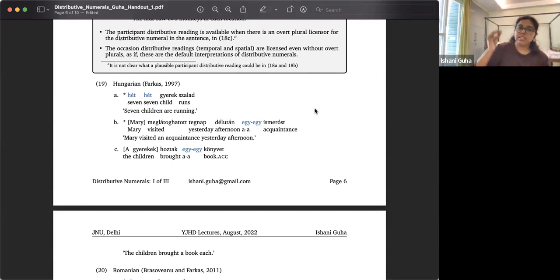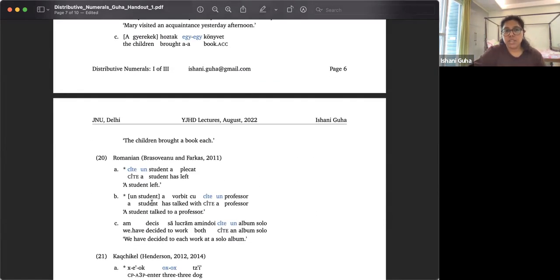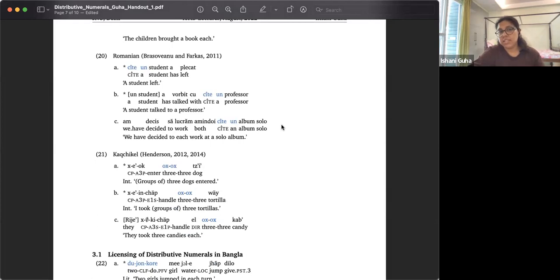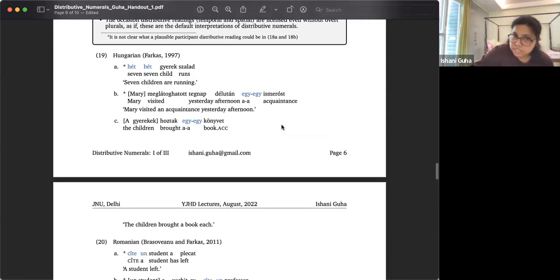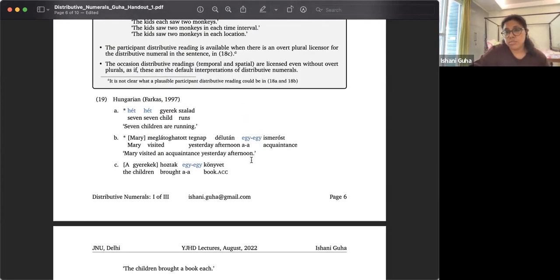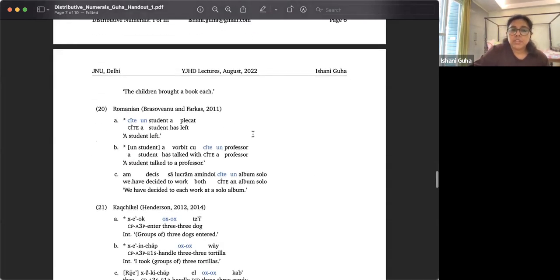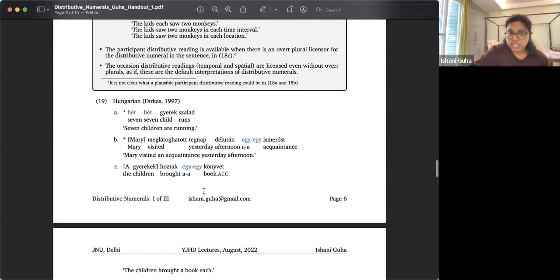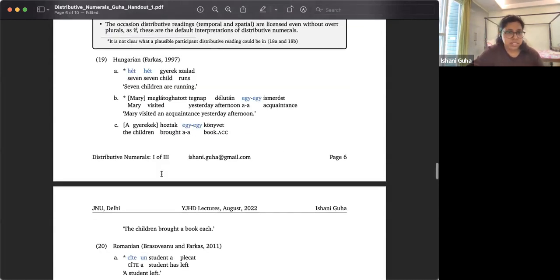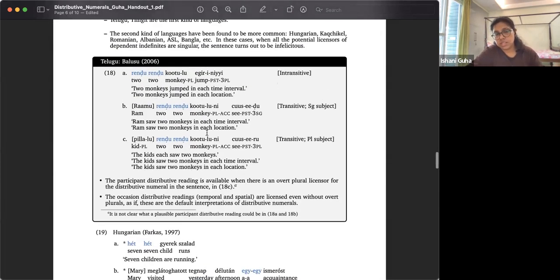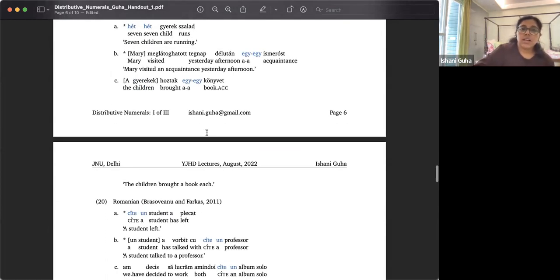But the basic point here is that for intransitive or for transitive with singular subject, 19AB, 20AB, 21AB, the occasion distributive readings are not available. Whereas the participant distributive reading is available, of course, when there's a plural subject. That's similar to Telugu.